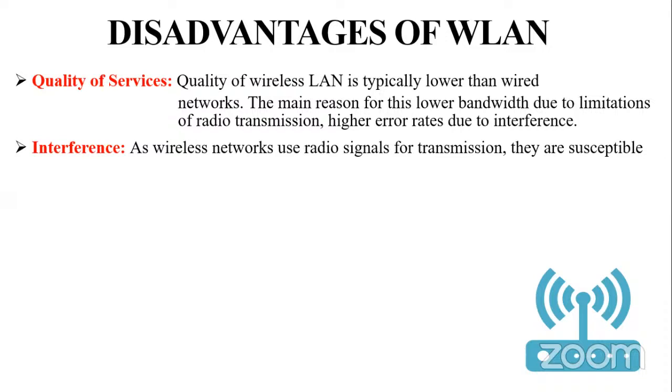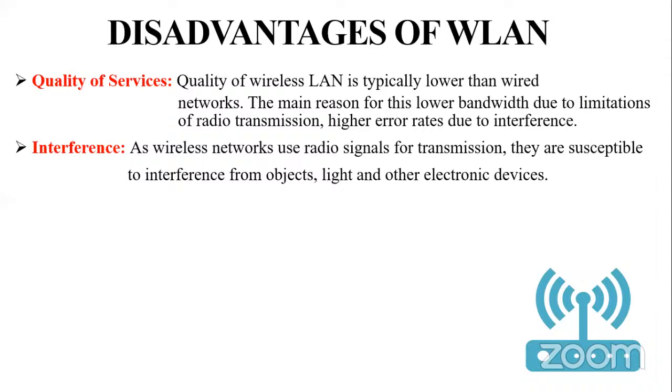Interference: as wireless networks use radio signals for transmission, they are susceptible to interference from objects, light, and other electromagnetic devices.